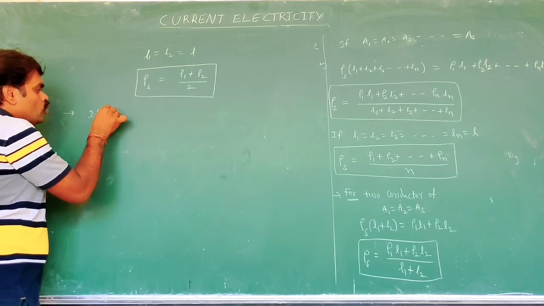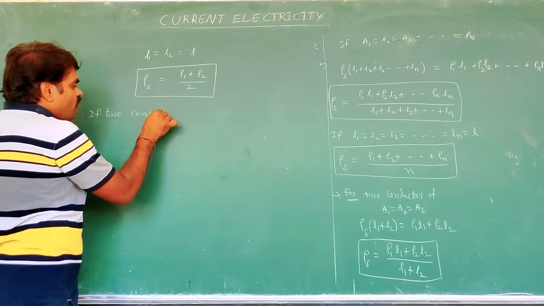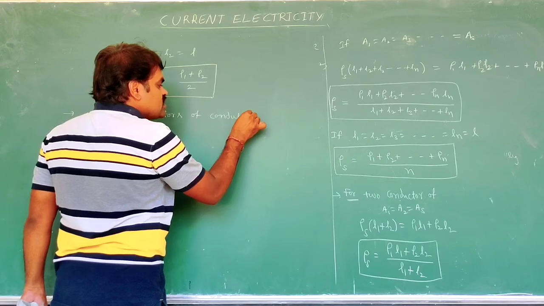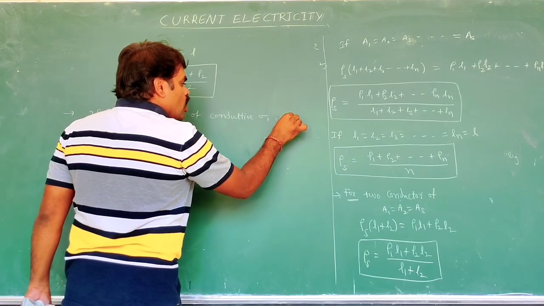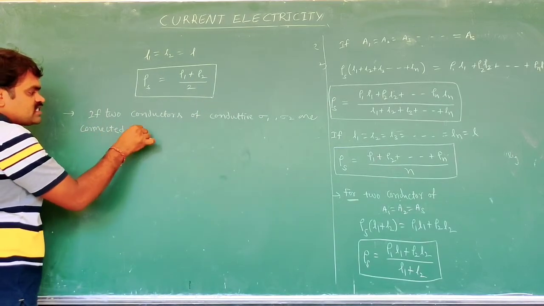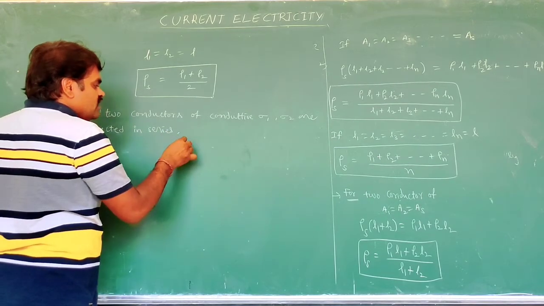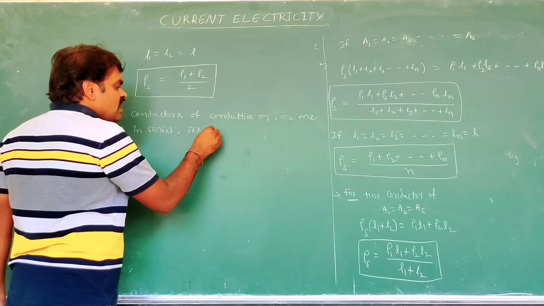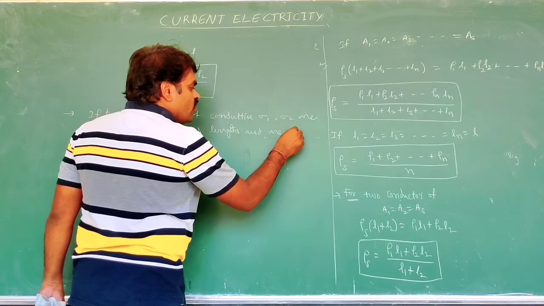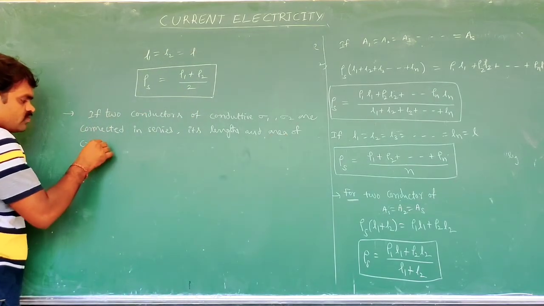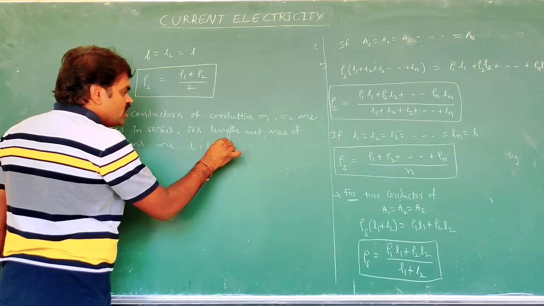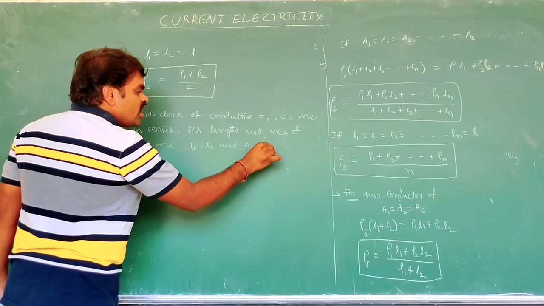If two conductors of conductivities sigma 1 comma sigma 2 are connected in series, their lengths and areas of cross section are L1 comma L2 and A1 comma A2 respectively.